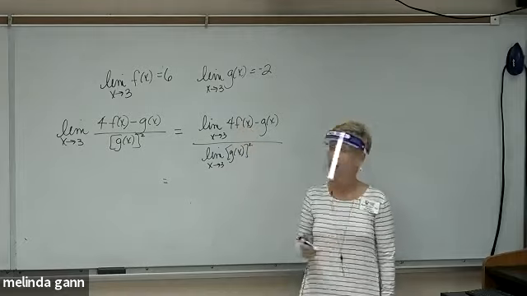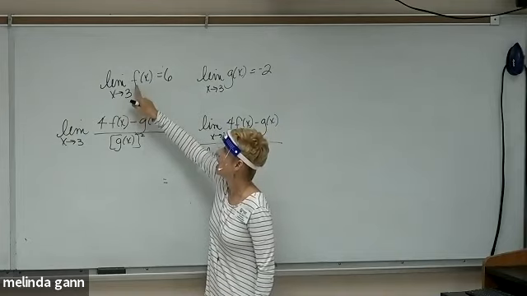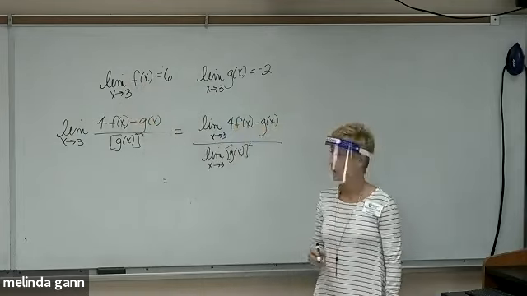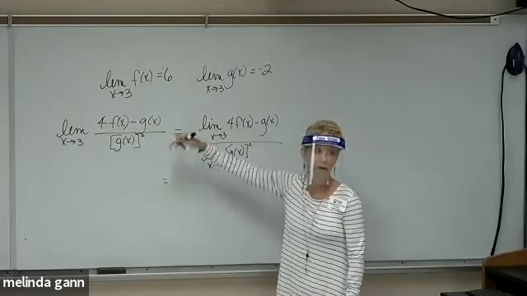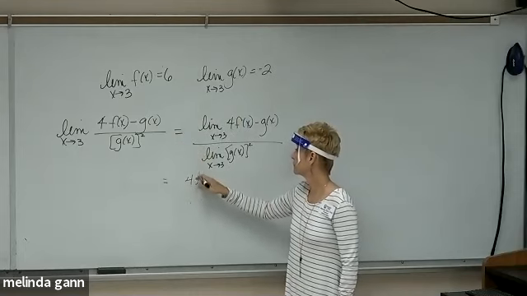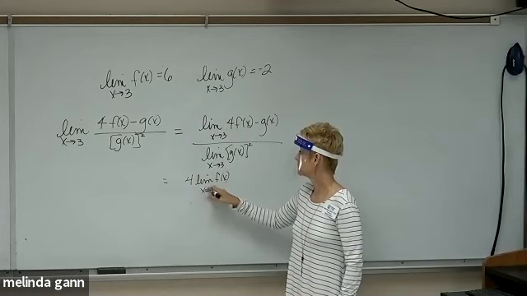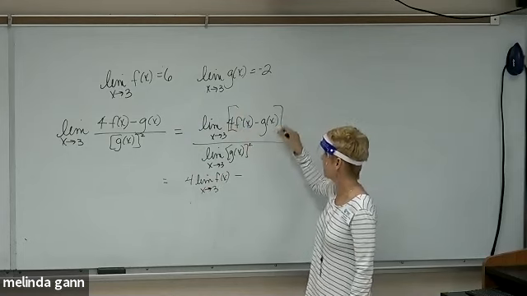The only time you can plug in a 6 is when you have the limit of f of x as x approaches 3 with nothing in front of it. But I've got a theorem that says, what can I do with that 4 if I want to? I can pull it out. All right, and then I can separate those.